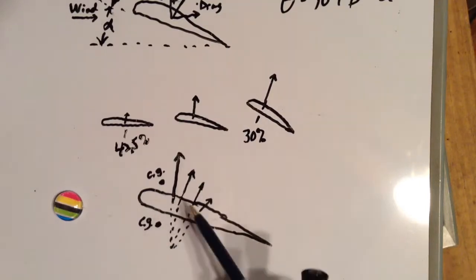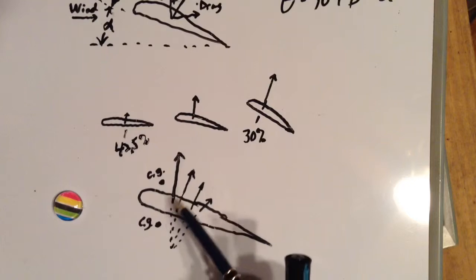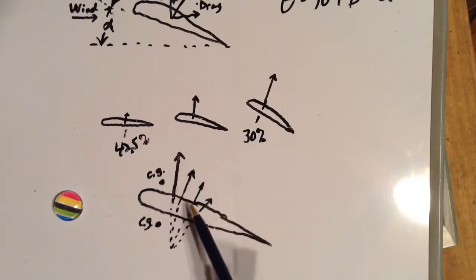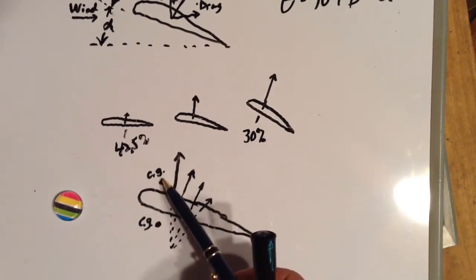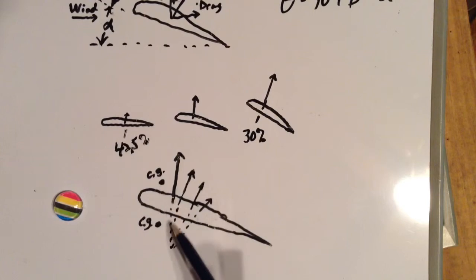Obviously the wheels are down below the wing on a low wing or a high wing, but the center of gravity is down below the wing on a high wing airplane. So this change is much greater, and as you can see, the center of gravity on a low wing airplane has to be placed a little more forward than the center of gravity on a high wing airplane.